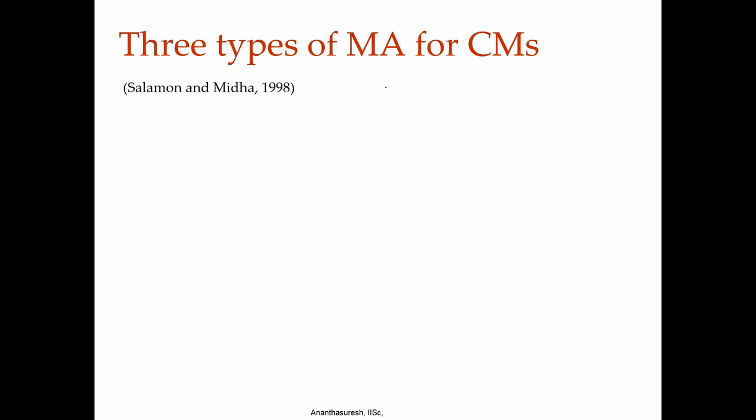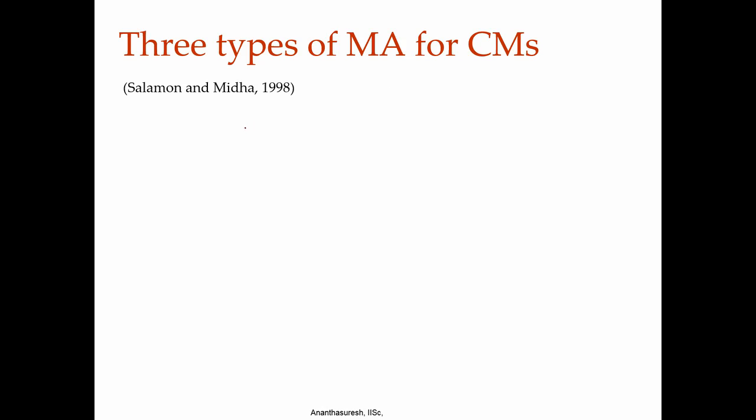Now, Salomon Meader defined 3 types of mechanical advantage, and in each type something remains constant. What are the things that we need to consider? We have input force that is varying, we have output force that is varying. In addition to that, we also have workpiece stiffness, because as a linkage or a mechanism we have to interact with the workpieces.